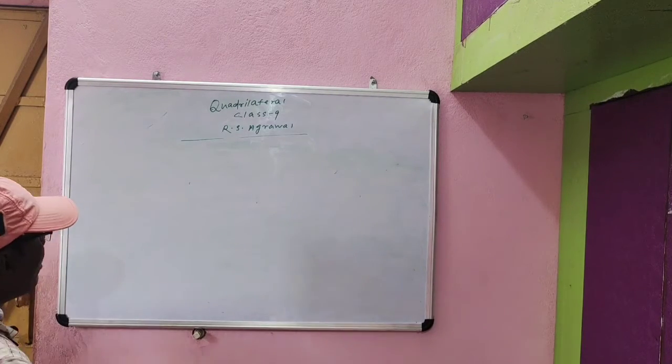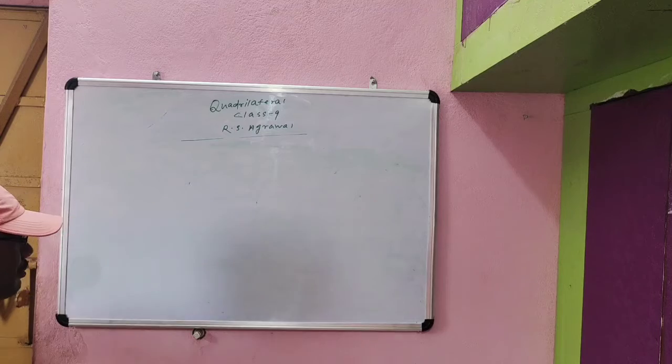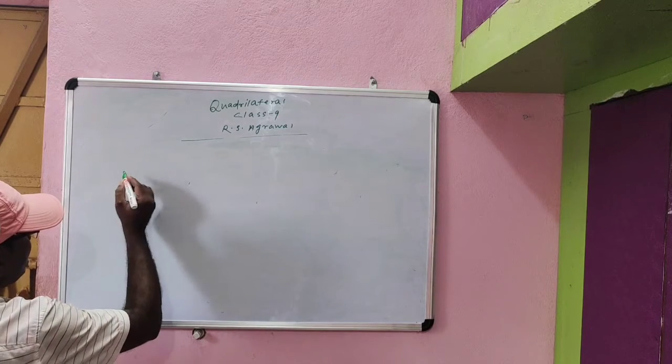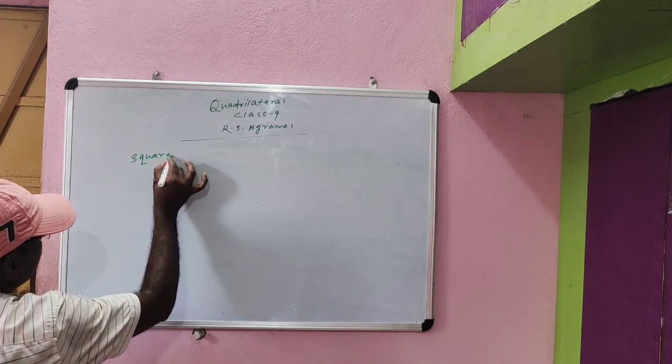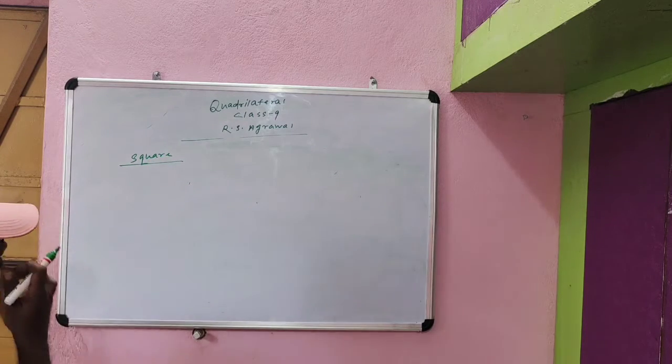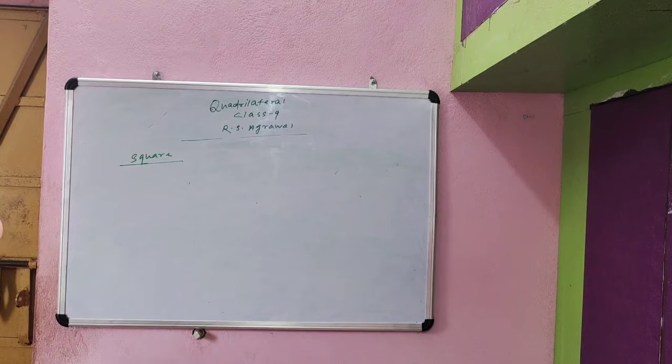Now the sixth type of quadrilateral, that is the square. So what is the square?